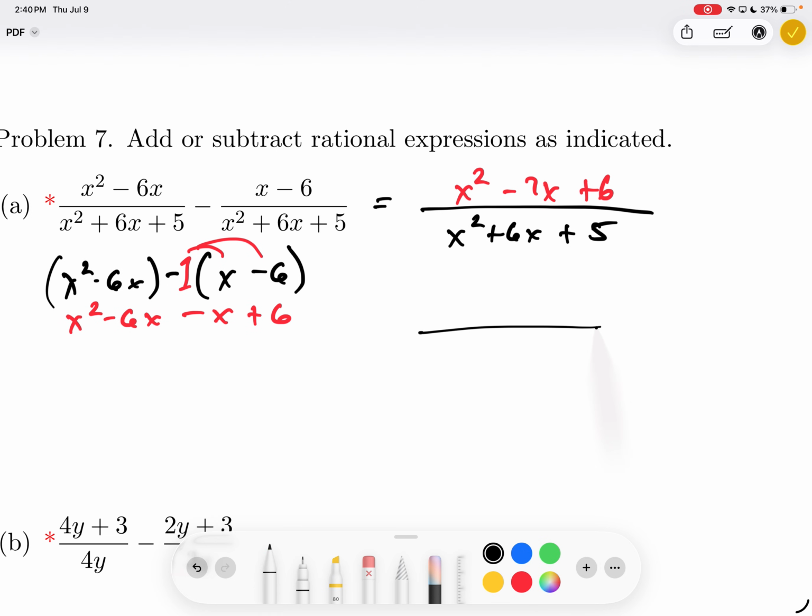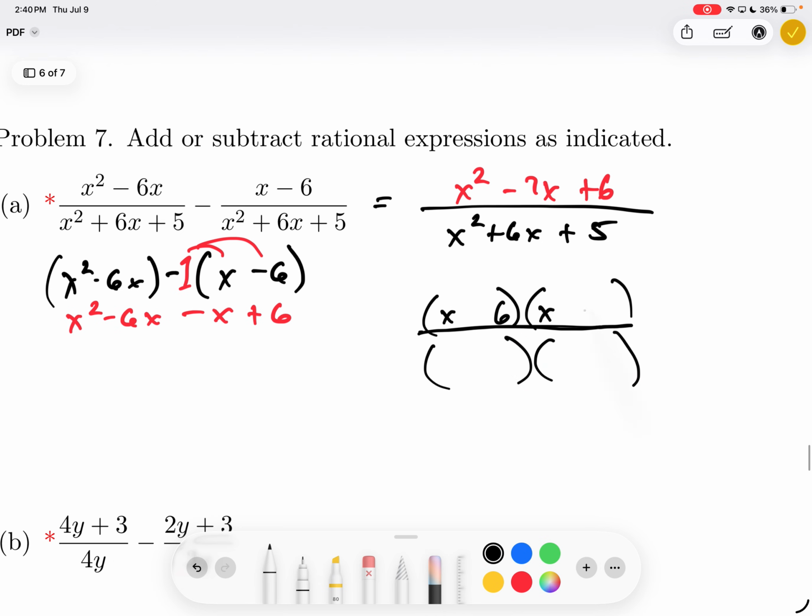And technically what you should do, this is the one that makes me mad, is you should factor these to see if anything cancels out. What multiplies to be 6 and adds up to be negative 7? Six and 1 add up to be 7, right? Negatives. Negative 6 times negative 1 is positive 6. Negative 6 plus negative 1 would be negative 7.